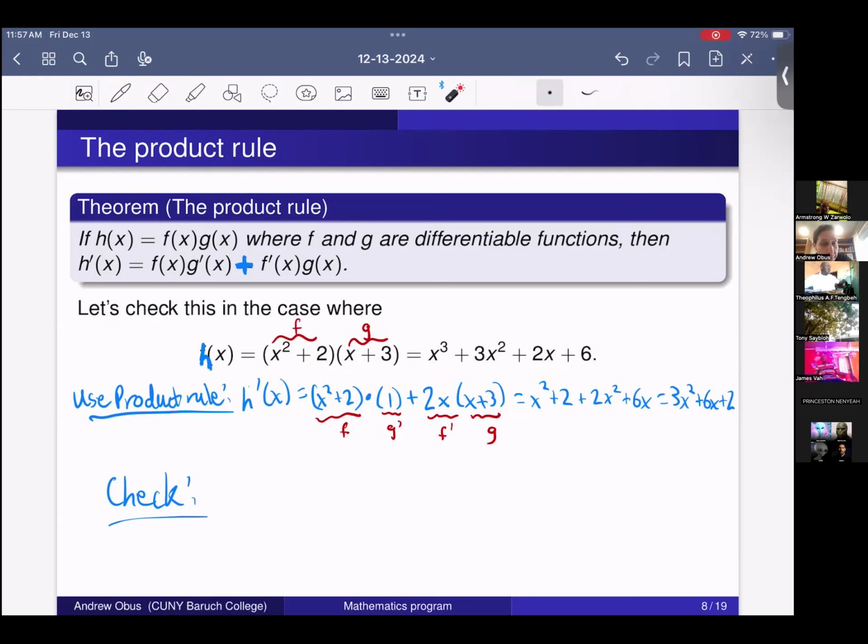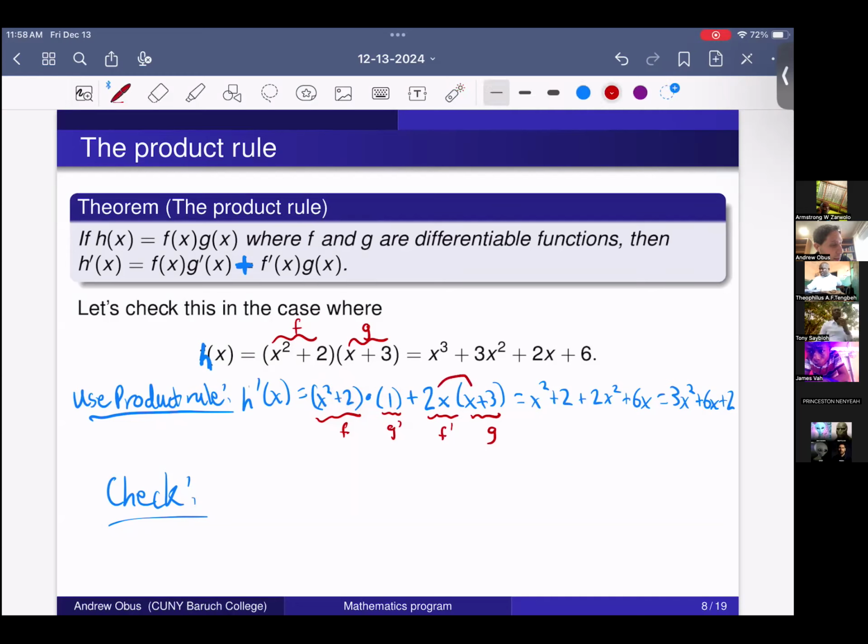Where we have x squared plus 2 plus 2x squared plus 6x, how can we get 3x squared? Well, it's x squared plus 2x squared. That's just the addition after multiplying out, right?